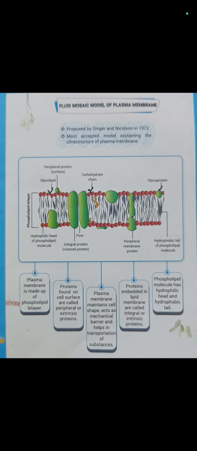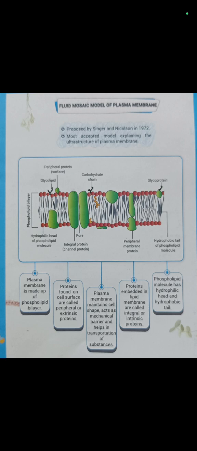Plasma membrane is made up of phospholipid bilayer, as I told you. Next is protein found on the cell surface, peripheral or extrinsic protein. So those which are found on the surface are known as peripheral protein or extrinsic protein. And those which are found inside the membrane are known as integral protein or intrinsic protein.